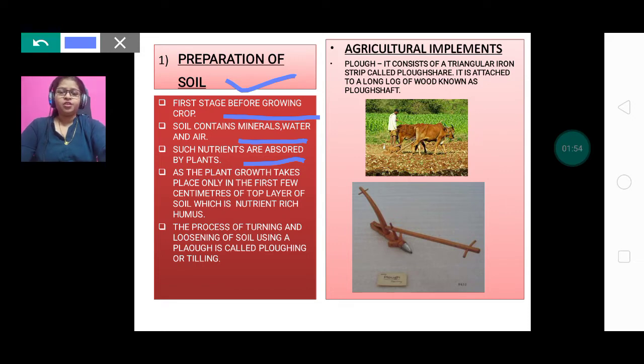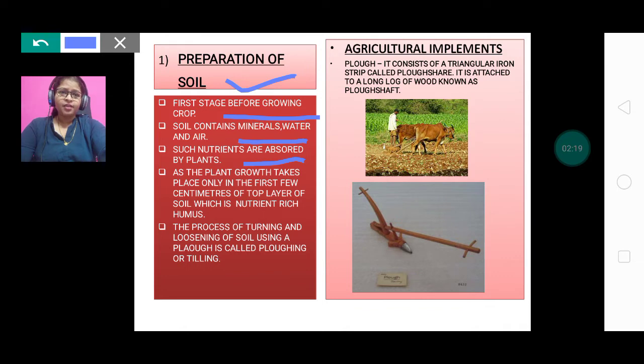As we studied in standard 7 in soil profile, the topmost layer is the more fertile layer and it is up to 2 to 3 centimeters down. So as plant growth takes place, only the first few centimeters of the top layer of soil, which is nutrient rich humus, is used, in the process of plowing.